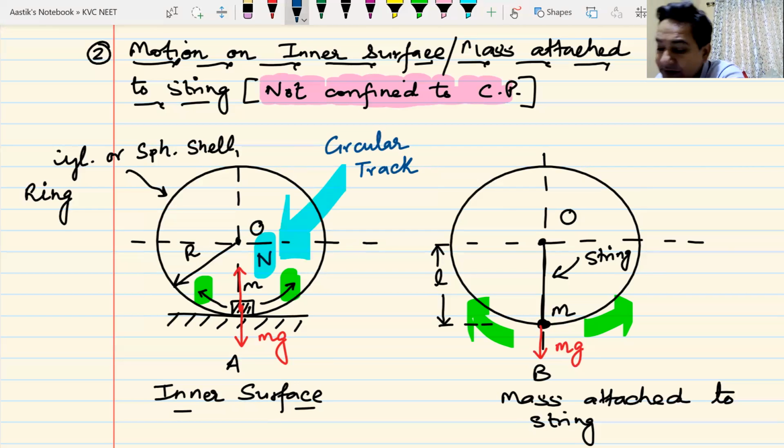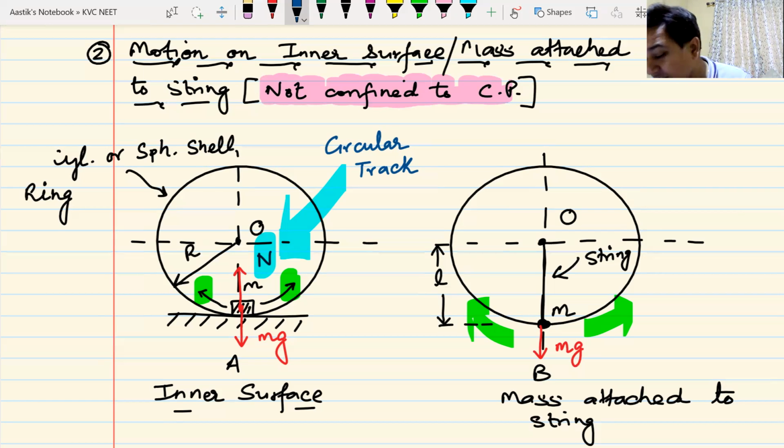The normal reaction coming from the circular track is doing the job. What job? Doing the job of moving it on this circular path. Normal reaction N is responsible.